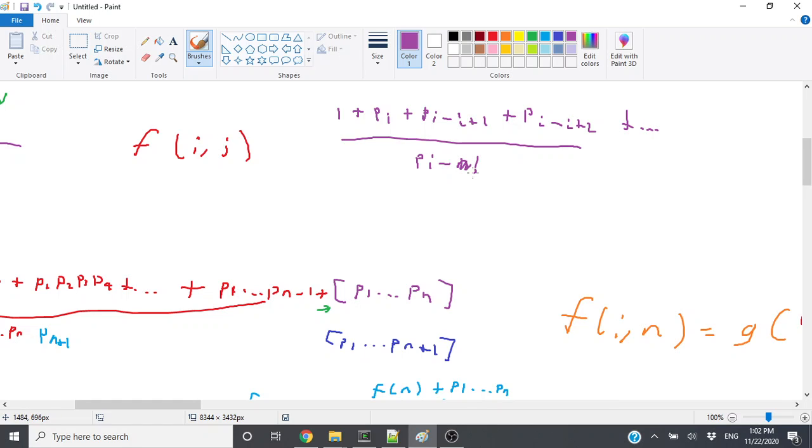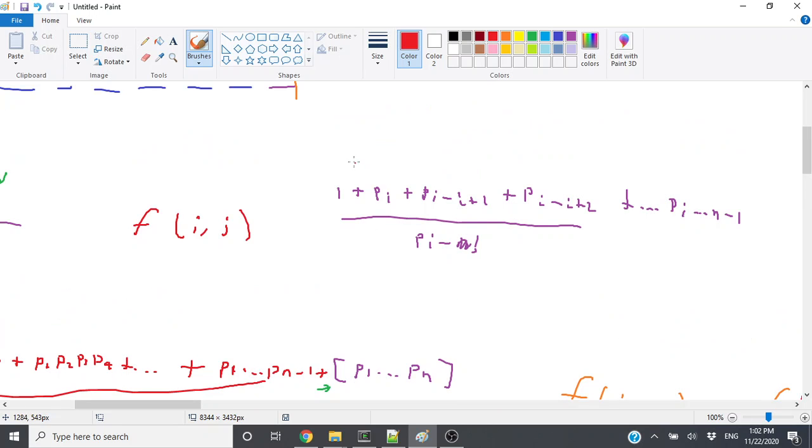Or this would be j. But we only care about n, which is fine. Pi dot dot dot n minus 1. So essentially we subtract out, so all this would initially be p of 0. So let's make this n.